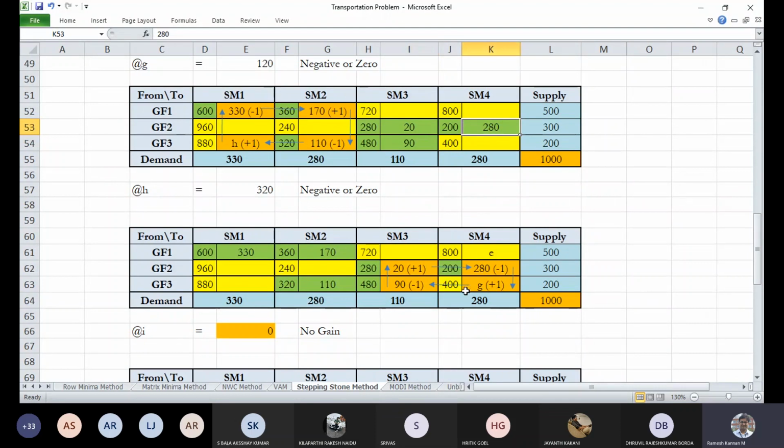And then when we take a look at this, this will become 400 minus 480 plus 280 minus 200. So this will become 0, right? Which means we have tried to achieve our objective. Since a negative number gives us a more optimal solution, but since it is 0, there's no gain. In fact, technically it's called no gain.